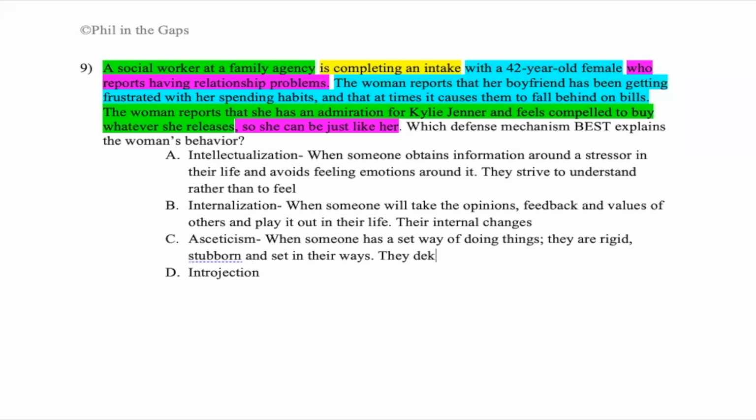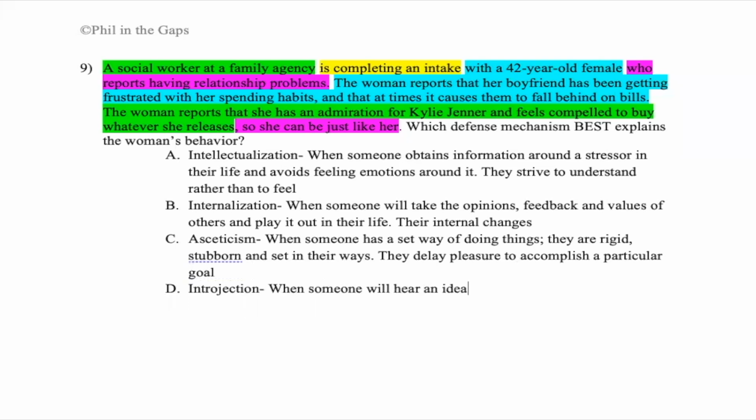So they delay pleasure to accomplish a particular goal. D, introjection is when someone will hear an idea from someone that they admire or look up to and play it out in their life.